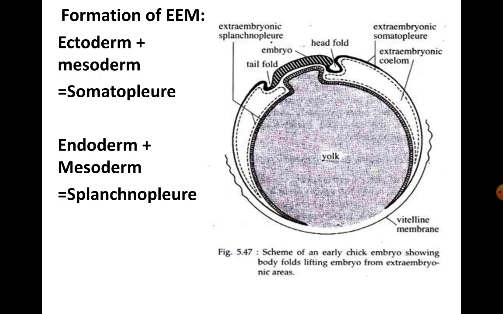Now this diagram clearly shows you how this splitting of lateral plate mesoderm takes place, and here you will clearly understand what a somatopleure and a splanchnopleure are.